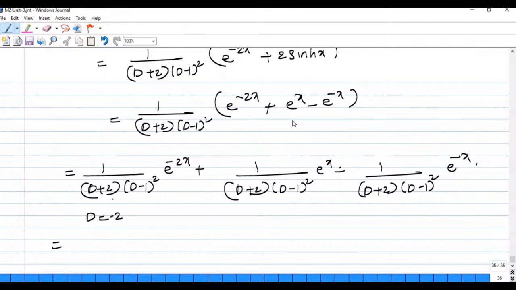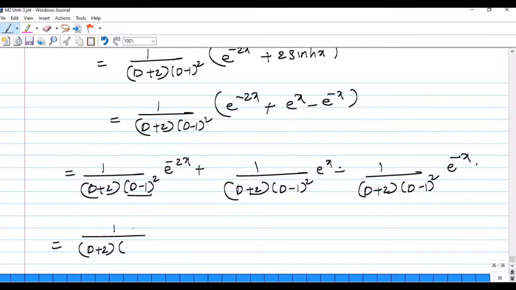What do we get in the denominator? 0. So now we have to differentiate with respect to d in the denominator. If you put d equal to minus 2 in the second term, we don't have any problem.